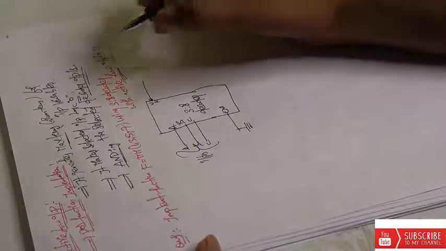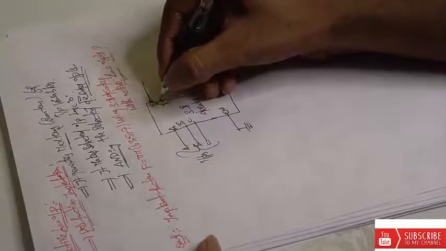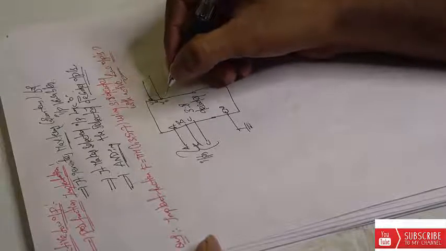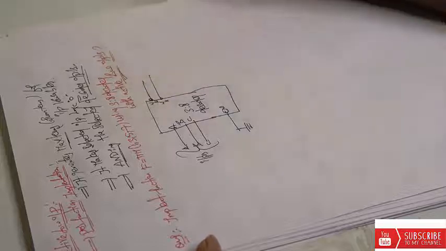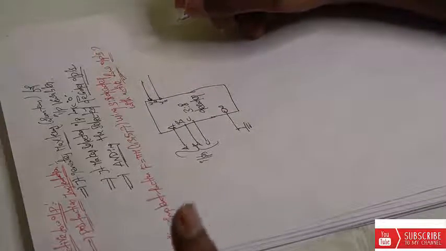ACT2 low means just put the bubble here and make the line. Y1, just put the bubble here. Bubble means just complemented. This complement represents whether it may be the ACT2 high or the ACT2 low. In this case, we will discuss about the ACT2 low.